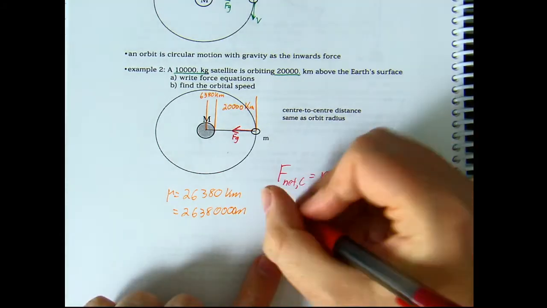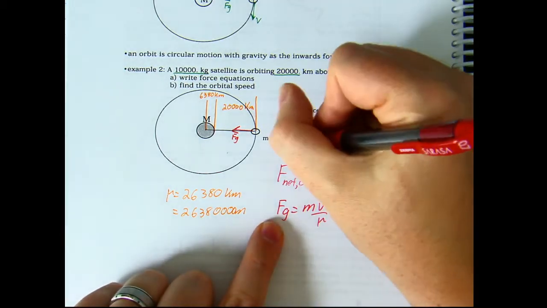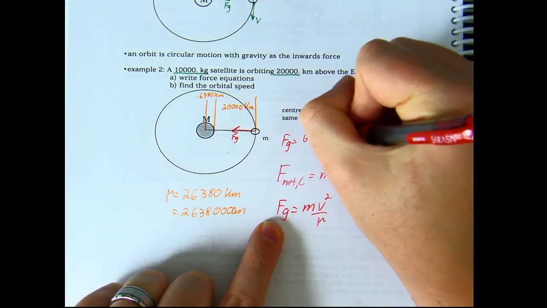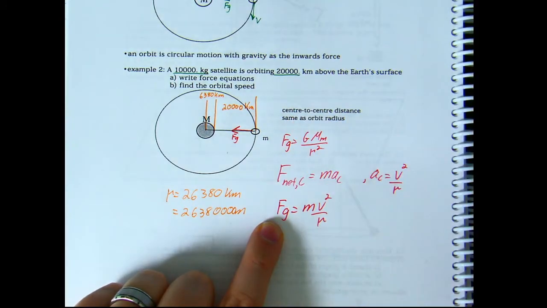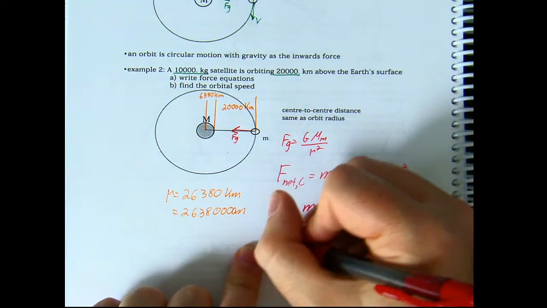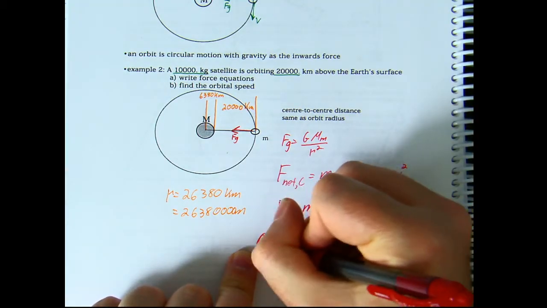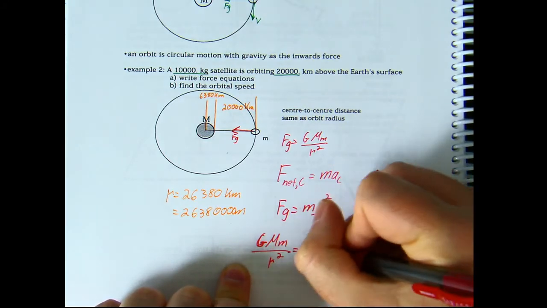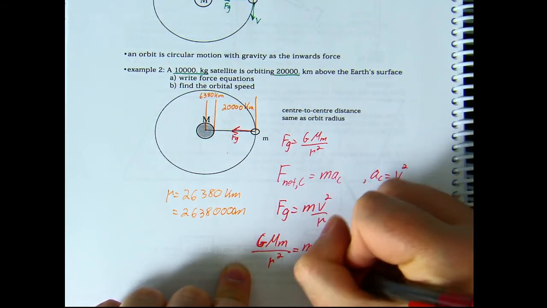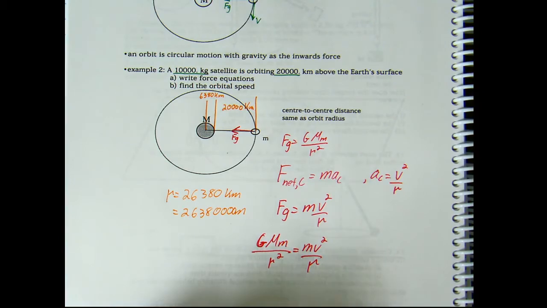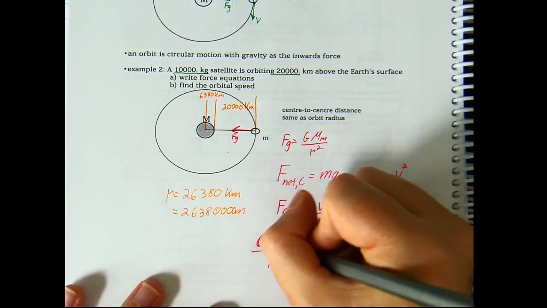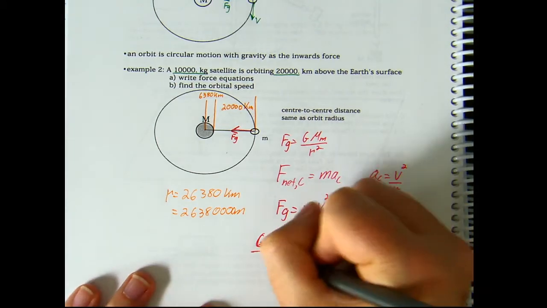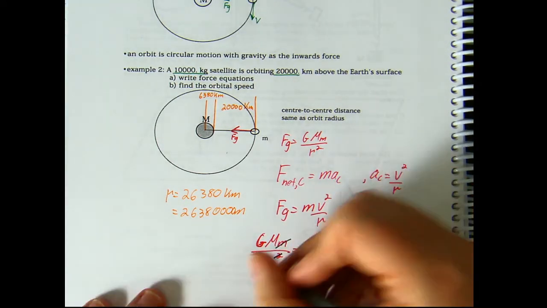And we know that Fg equals big G M m over r squared. So we're going to get G M m over r squared equals m v squared over r. We can see here that these little m's are going to cancel. This r is going to cancel with one of those r's.